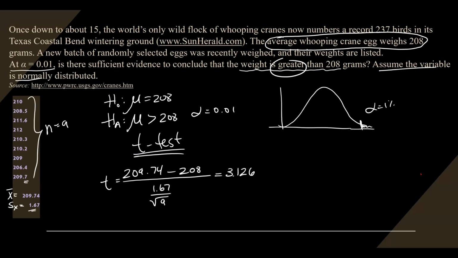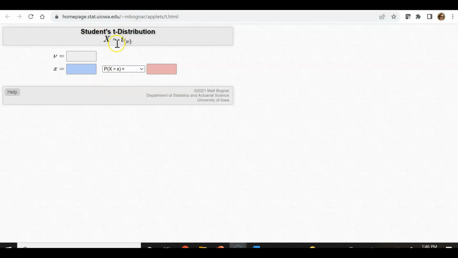Now, I'm just going to perform the t-test: what is the probability of getting such a t-value or greater? I do that in one of those online calculators. In this online calculator, first of all, you don't see a curve here, and that's because you need to fill in the nu, which is essentially the degrees of freedom.